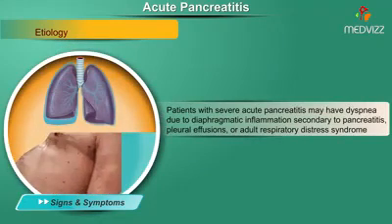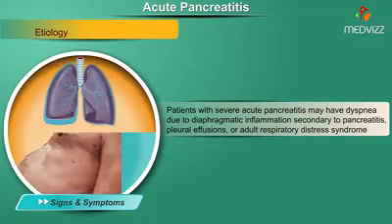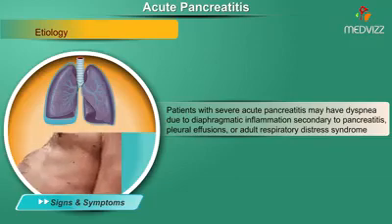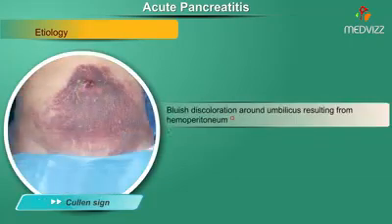Patients with severe acute pancreatitis may have dyspnea due to diaphragmatic inflammation secondary to pancreatitis, pleural effusions, or adult respiratory distress syndrome. Some of the other signs would include a Cullen sign. A Cullen sign is a bluish discoloration around the umbilicus resulting from hemoperitoneum.